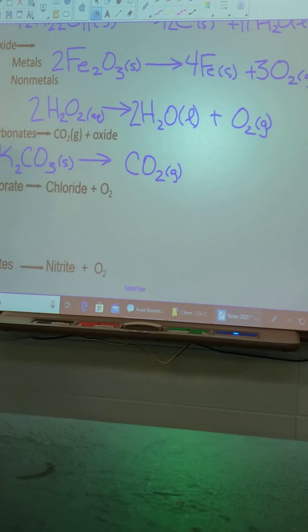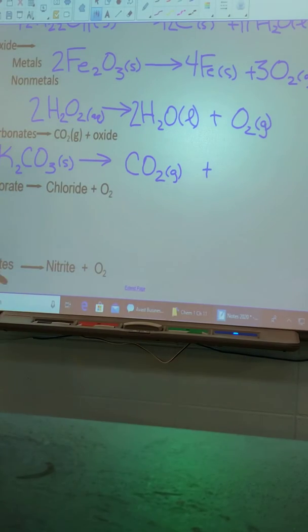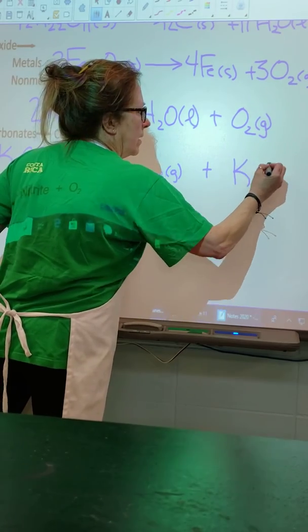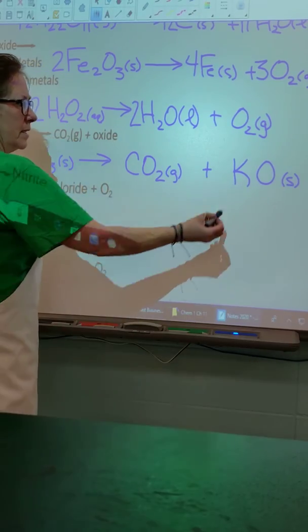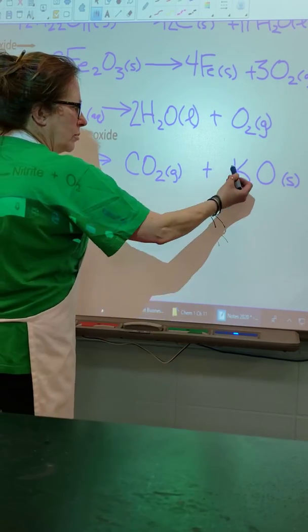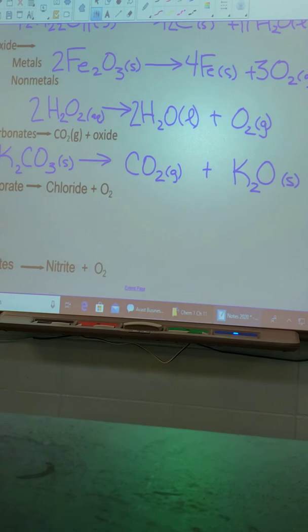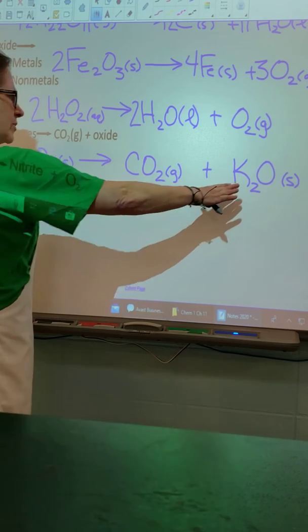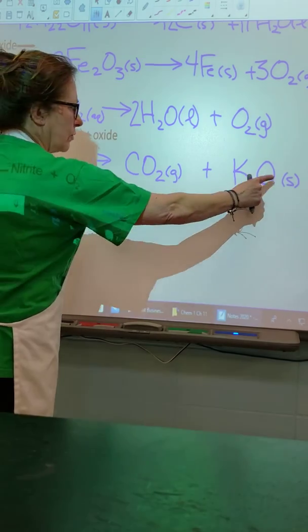And then what do I have left? An oxide. An oxide is a metal bonded to oxygen. My metal here is the potassium bonded to oxygen. That's going to be solid. Oxide is -2, potassium is +1. All right, so those are the products. Balance it. 2 potassiums, 1 carbon, 3 oxygens, 1, 2, 3 oxygens.